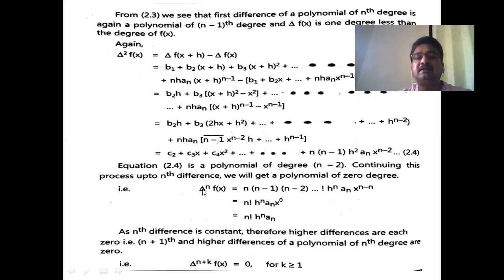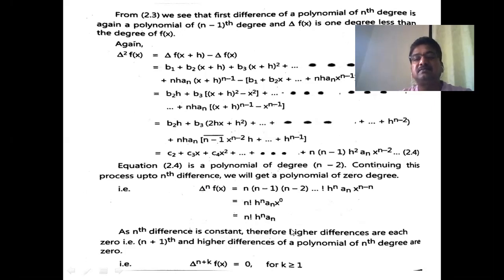And therefore delta raised to n fx is what? N factorial h raised to n an. This is n factorial. So delta raised to n fx is constant. So this is the first part of the theorem, that the nth difference of fx is constant.